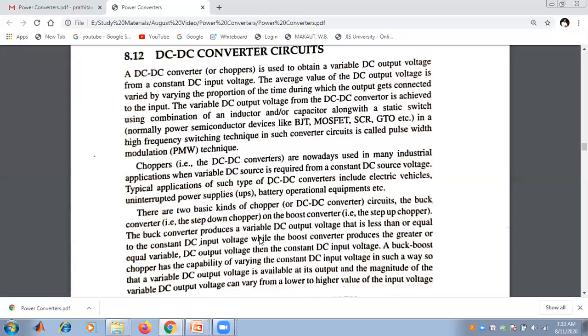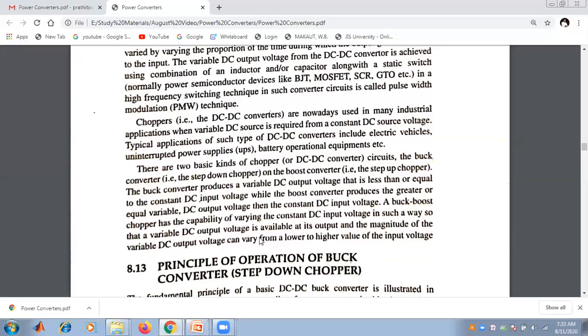A buck converter produces a variable DC output voltage that is less than or equal to the constant DC input voltage, while the boost converter produces a variable DC output voltage greater than or equal to the constant DC voltage.